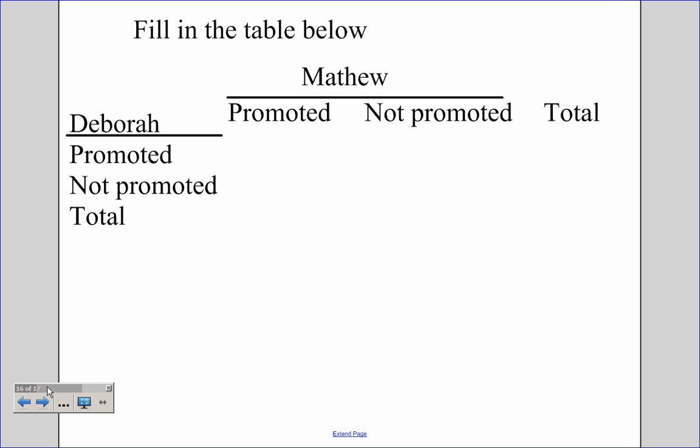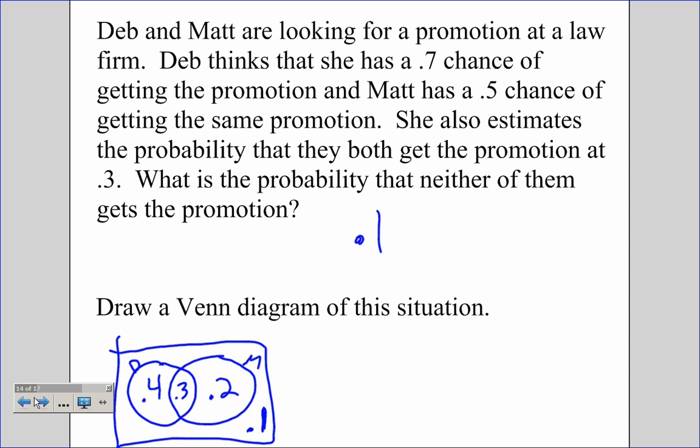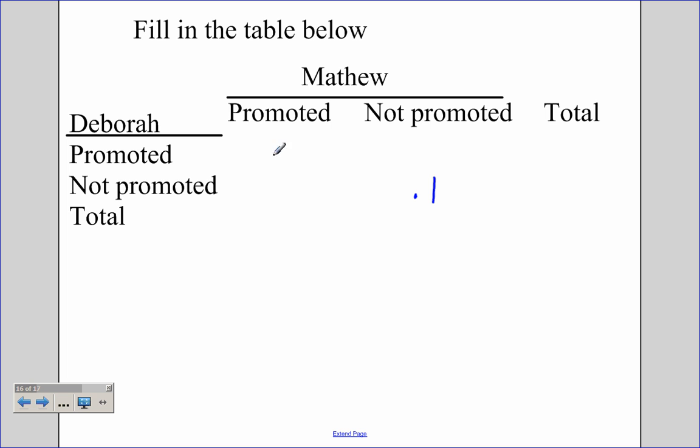Now, we can also fill out a table to look at these probabilities. The probability that neither of them get promoted, we said was 0.1. Now I forgot these other probabilities. The probability they both get promoted is 0.3. Matt's promoted and Deb's promoted.